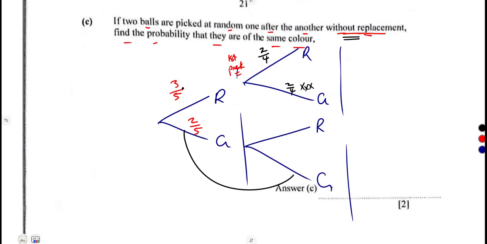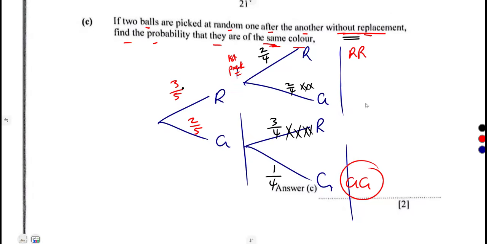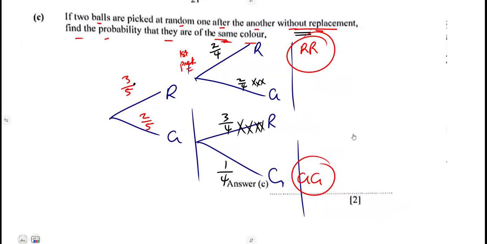All right, green to green: you pick the green, you pick another green. So you'll be left with one green out of 4. The total is affected, but red is not affected. There are still 3 as they were out of 4. We do not focus on this part because we need the same color, red to red, green to green. That is what you're going to need.